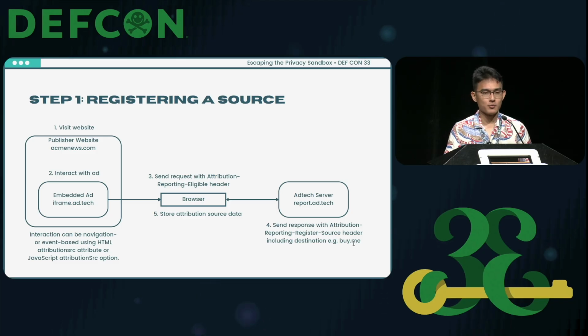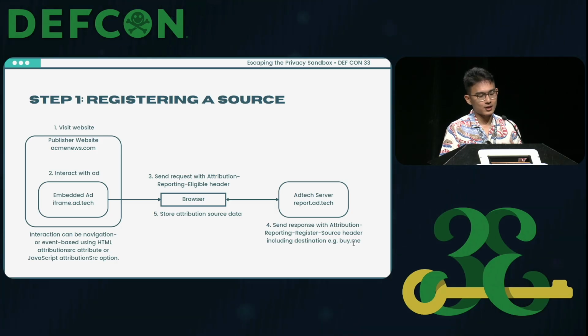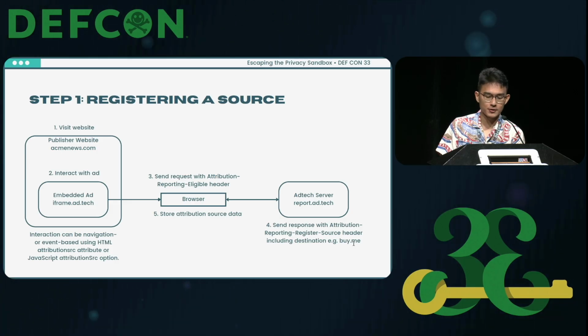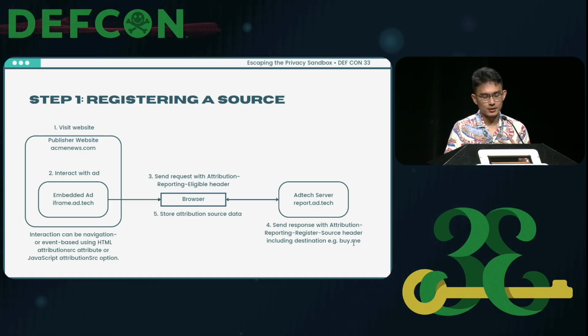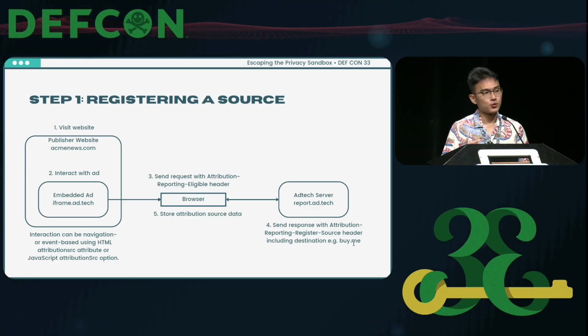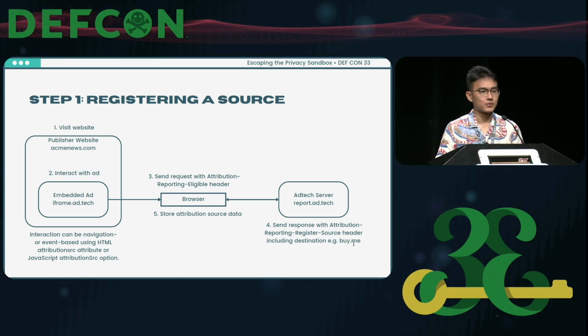You may click on it, you may view it, and this can be done and registered using the attribution source attribute or the JavaScript attribution source option to any kind of XML HTTP request. Once this is done, the browser automatically sends a request with the attribution reporting eligible header to your ad tech server, which will then respond with an attribution reporting register source header, which includes a specific destination that that ad is linked to, so that source.